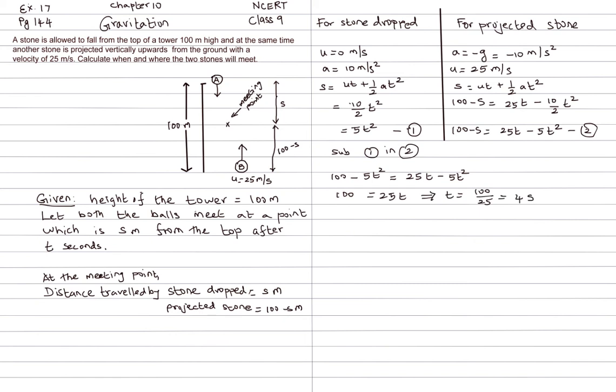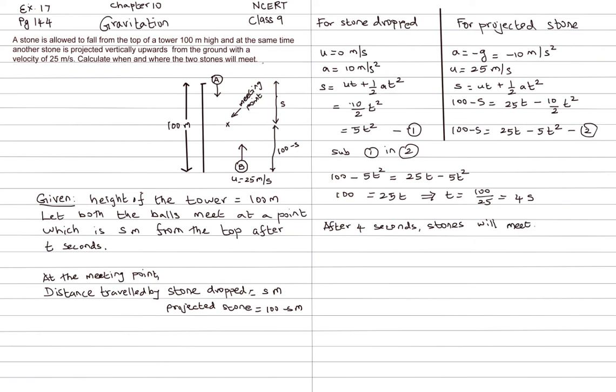We have assumed that the time taken will be t seconds, so after 4 seconds the stones will meet. So we have answered the question of when the two stones will meet.